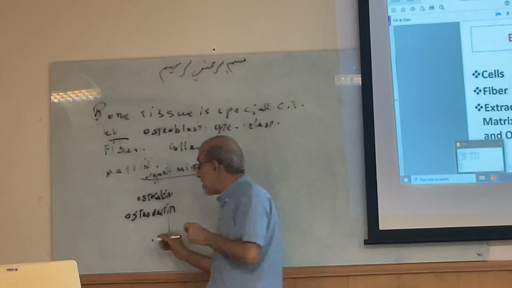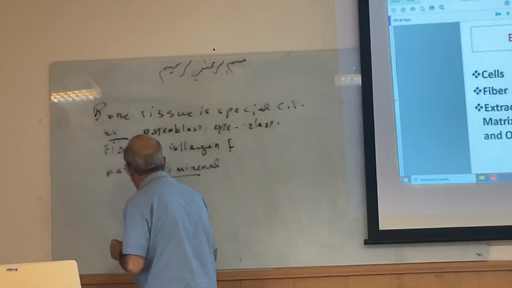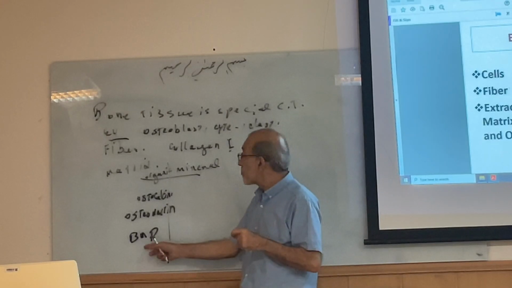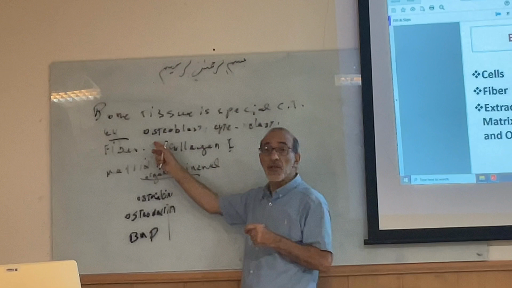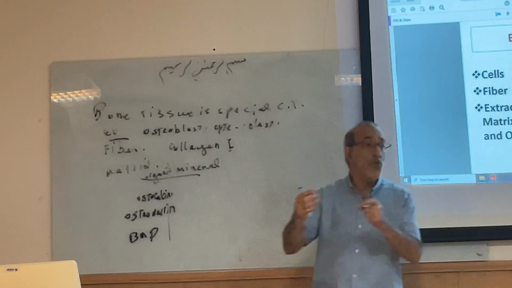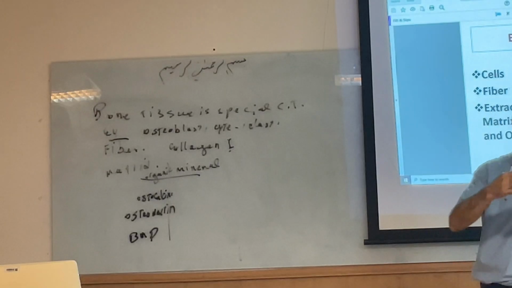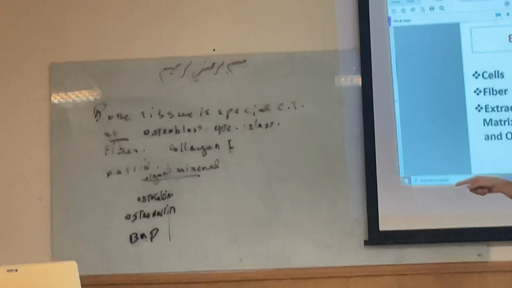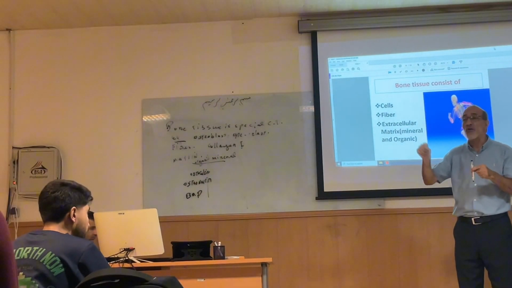BMP, bone morphogenic protein. These proteins are secreted by osteoblasts, and through them two types of bone are formed in the body. For example, flat bones: parietal, frontal, occipital bone are formed by this protein, bone morphogenic protein, or bone forming protein.